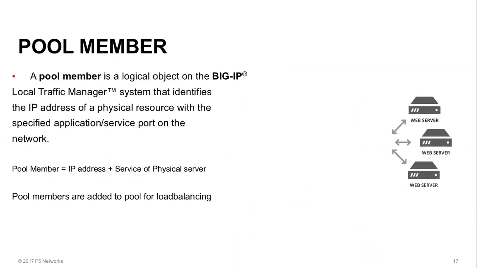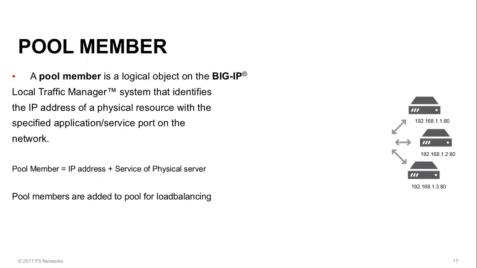The pool member is actually a logical object on the BIG-IP Local Traffic Manager system that identifies the IP address of the physical resource with the specified application or service port on the network. For instance, the pool member is the IP address of the physical server with the kind of service or application you are trying to run on that server.